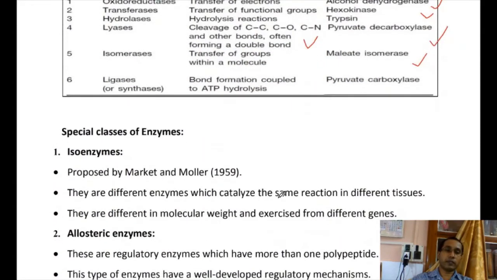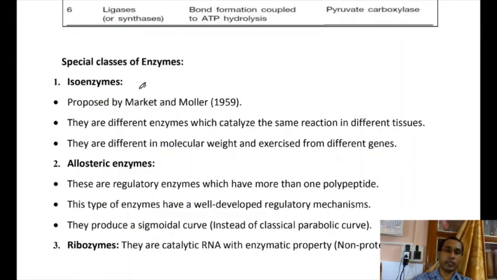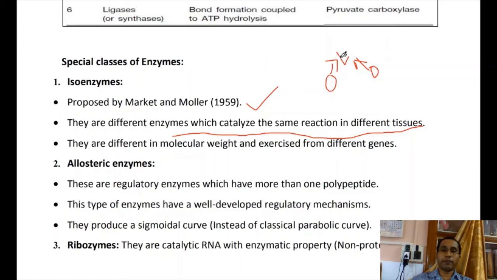And special classes of enzymes are isoenzymes, proposed by Markert and Moller. They are different enzymes which catalyze the same reaction in different tissues. That means the reaction can occur in different types of tissues, and in such cases the enzymes are called isoenzymes.